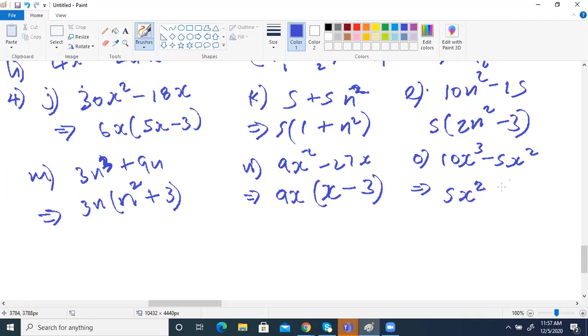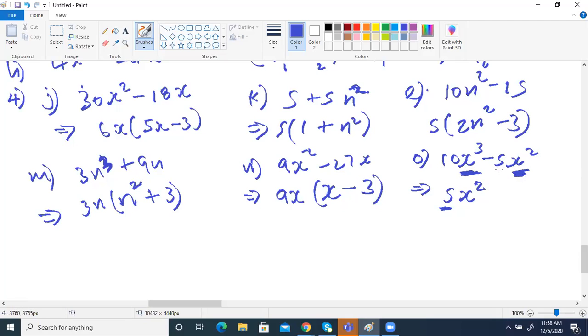Wait a second. Between the x cube and the x square, what's the highest common factor between them? For the numbers it's 5, but what about the variable? It's x squared.